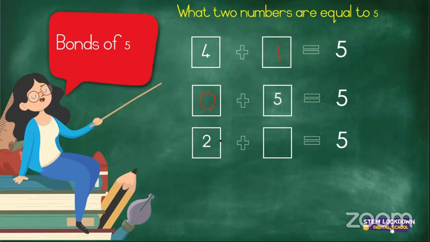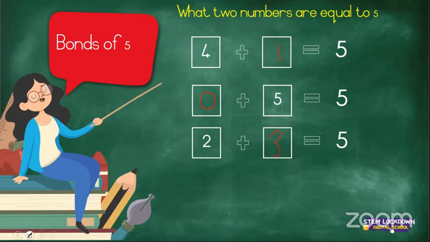Let's give them a little bit more time. Okay, so 2 plus what gives us 5? Reese? 2 plus 3 equals 5. Very good. 2 plus 3 equals 5.